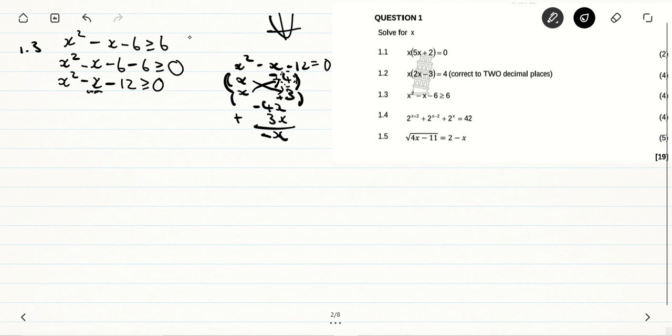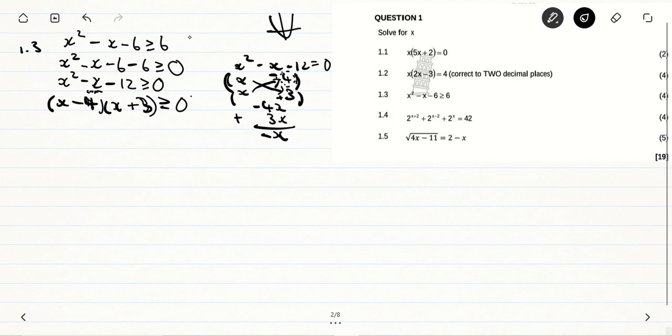So we end up with two brackets. The first bracket will be x minus 4, and the second bracket will be x plus 3, is greater than or equal to 0. So now we've rewritten x squared minus x minus 12 as x minus 4 times x plus 3.